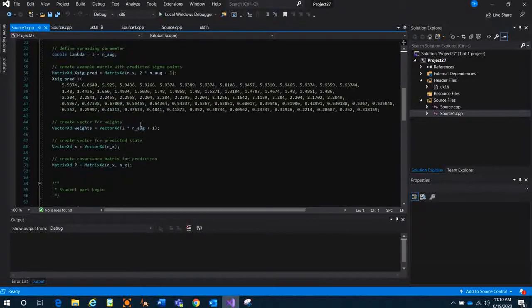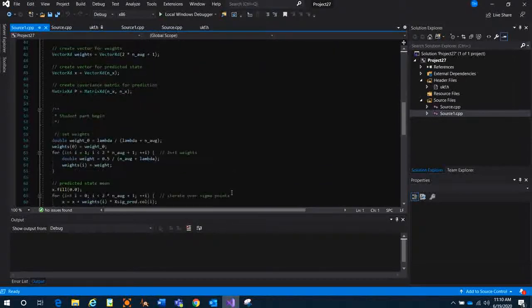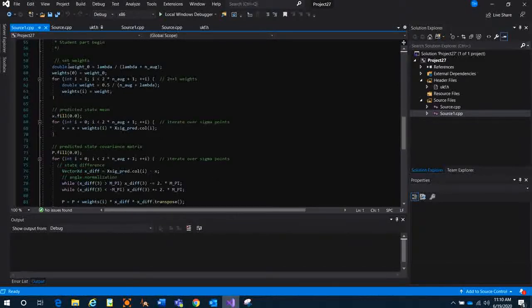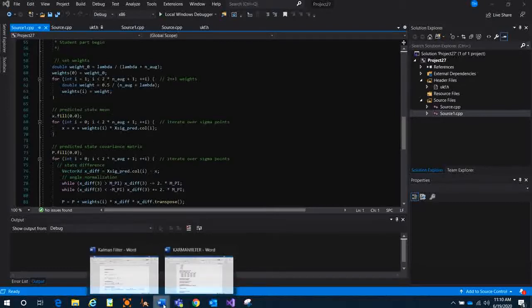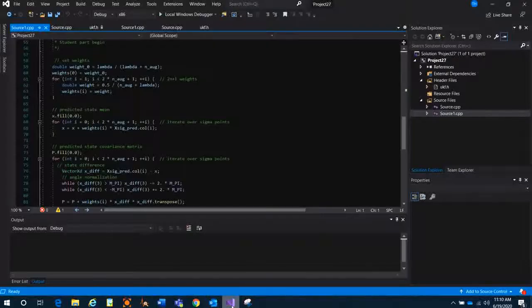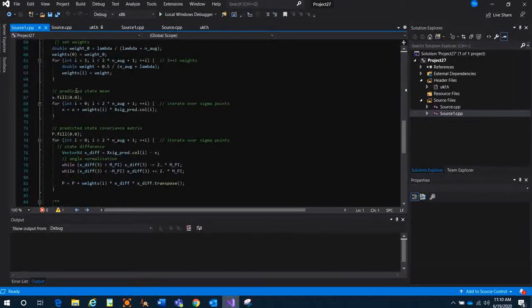And we know how to find the S and P for the predicted state and predicted covariance matrix. We know the formula. We create the lambda, and we apply the formulas for predicted mean and predicted covariance to get the values.